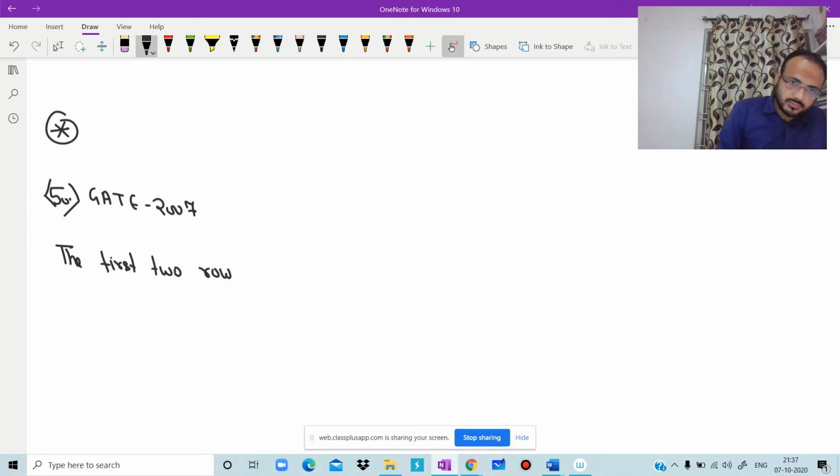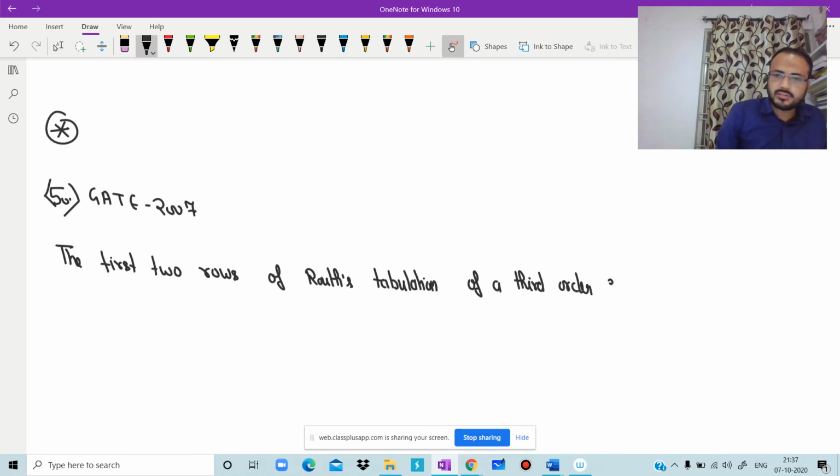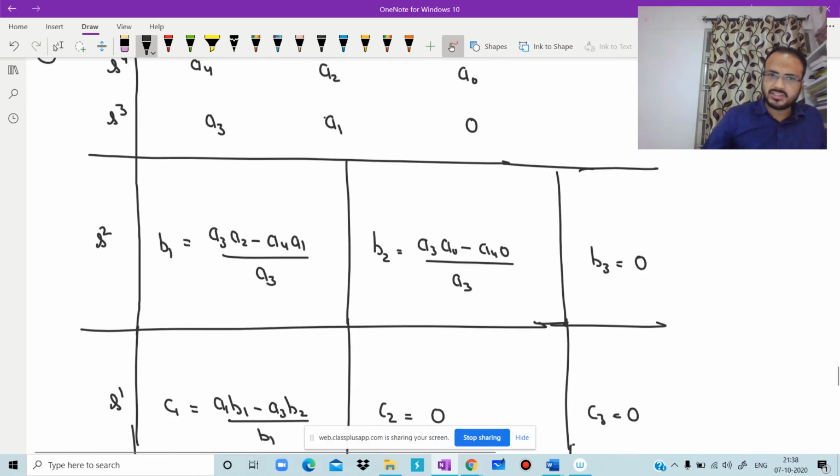The first two rows of Routh's tabulation of a third order equation are: s cube, s square, 2 2 4 4. So that you are able to write the equation. That's why this chart is like that.